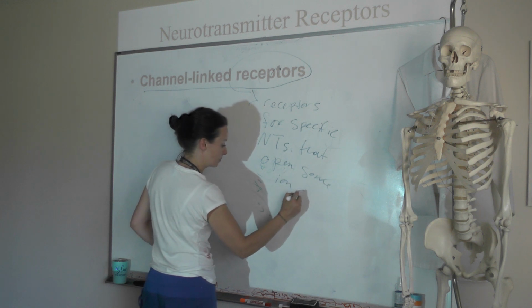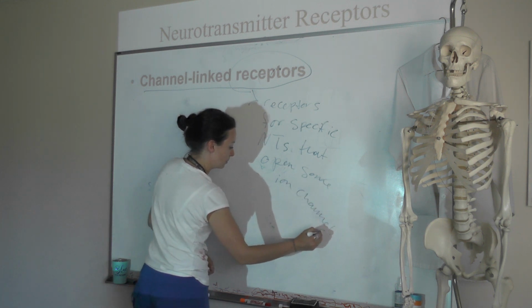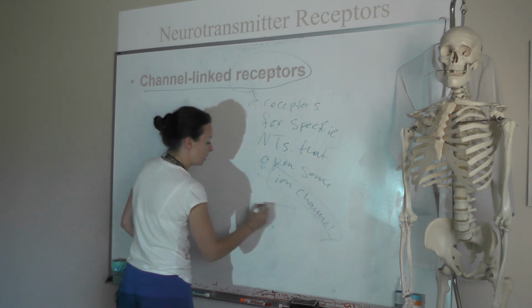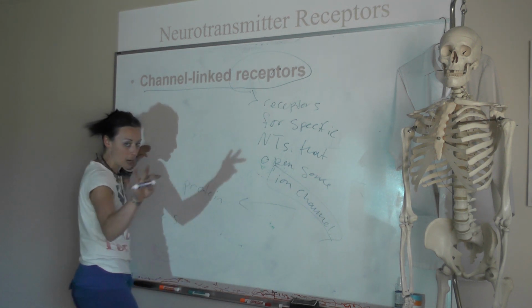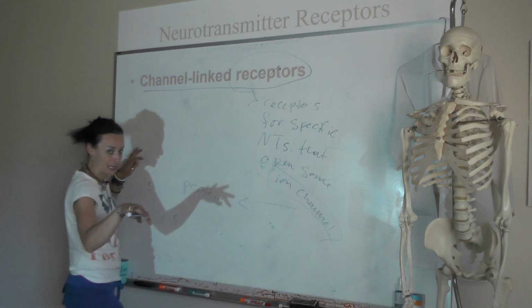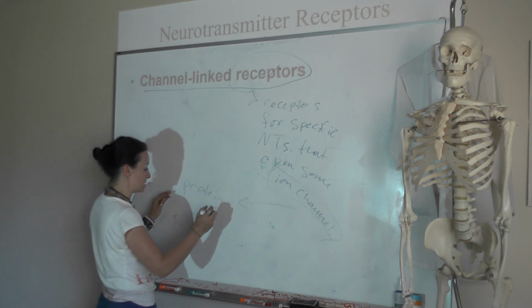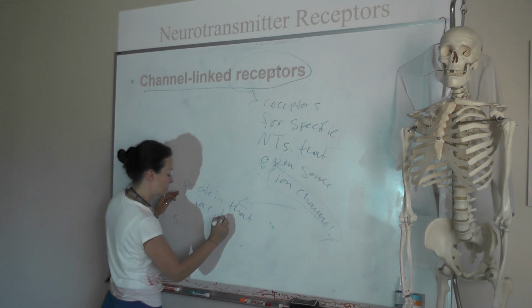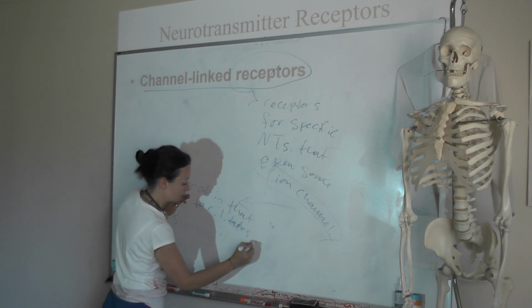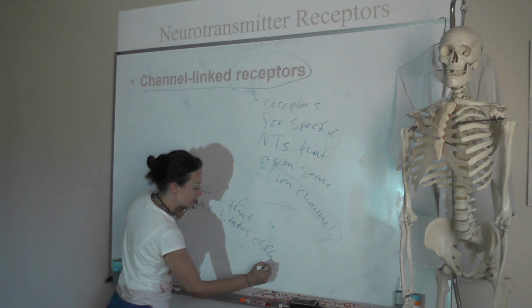What's an ion channel? It's a protein. See, we're building on everything you already know. You talked about this in Gen Bio. We went over it already in class. This is a protein that facilitates diffusion. What does that mean?